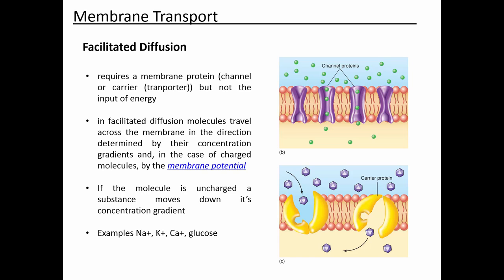Diffusion is facilitated by this channel. This is also facilitated diffusion, where a molecule is moving from where its concentration is high to where its concentration is low, but you have a carrier that's involved in that transport process. In this case, this carrier is facilitating diffusion. So facilitated diffusion can be mediated by either channels or carriers.